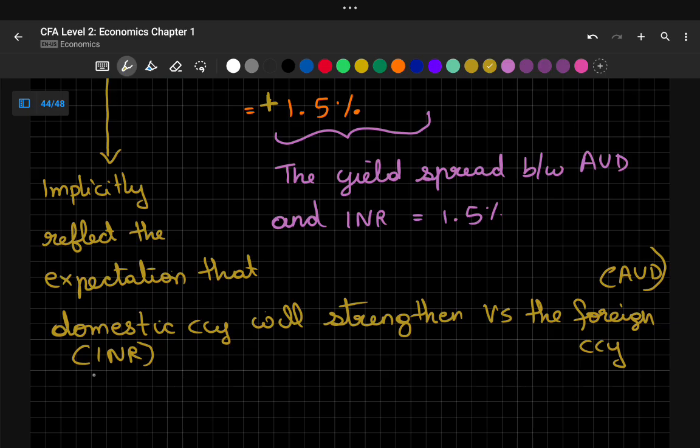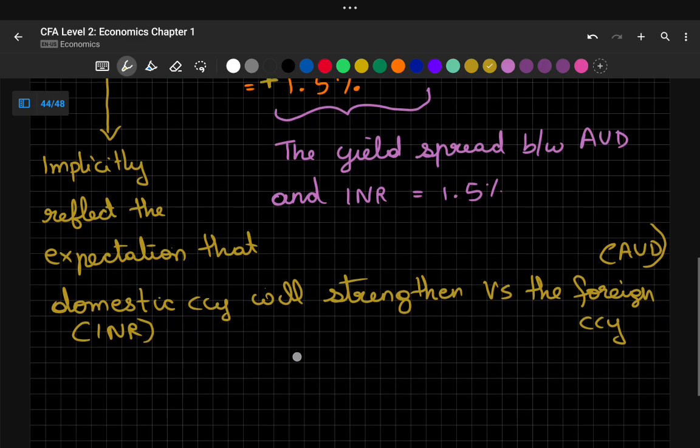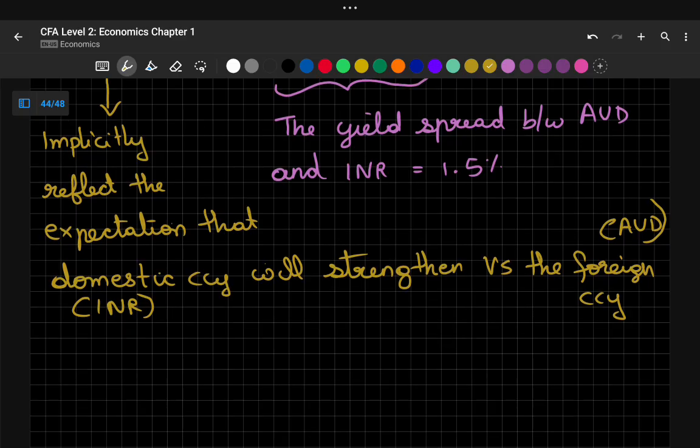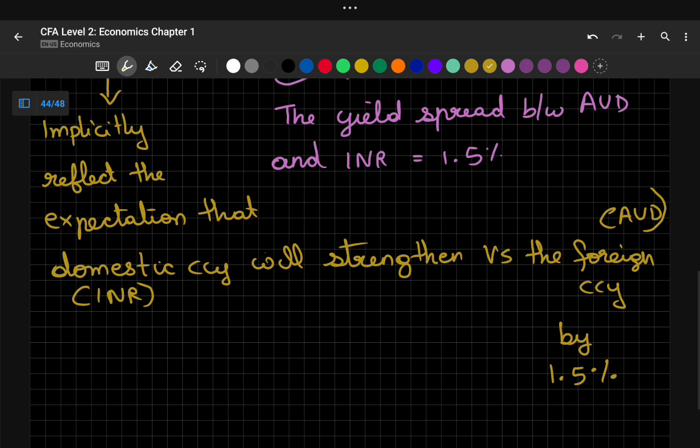That is, INR would appreciate over time by 1.5%. The exact difference in interest rate means the domestic currency will strengthen versus the foreign currency by 1.5%. This is what this equation means.